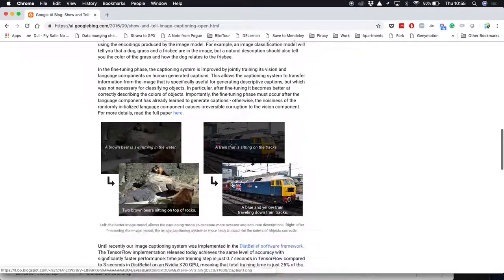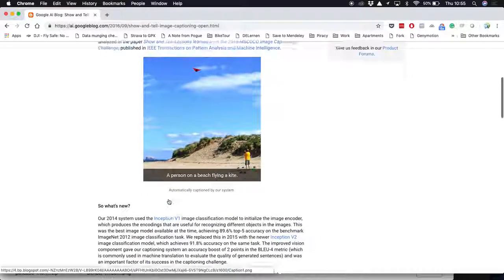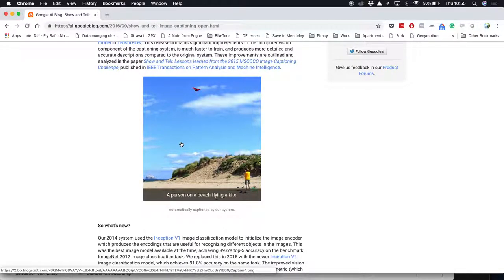And it's able to take other images, 2 brown bears sitting on top of rocks. If you've done some programming or some image analysis, this should blow you away, because trying to come up with a model that's able to take this image and figure out that there's a person, a kite, they're on a beach, is unbelievably difficult.